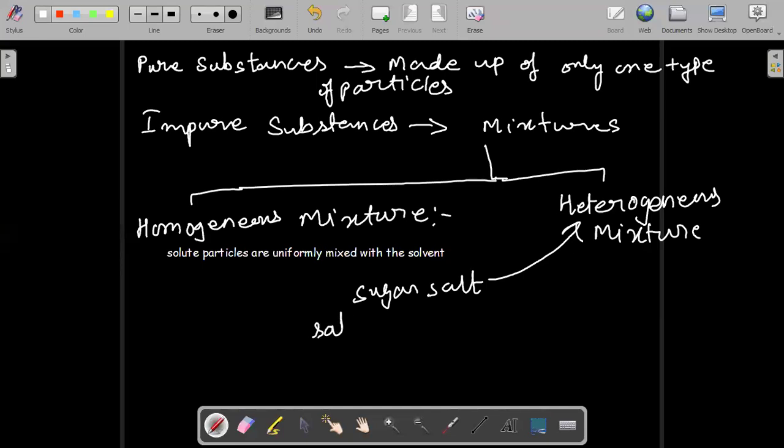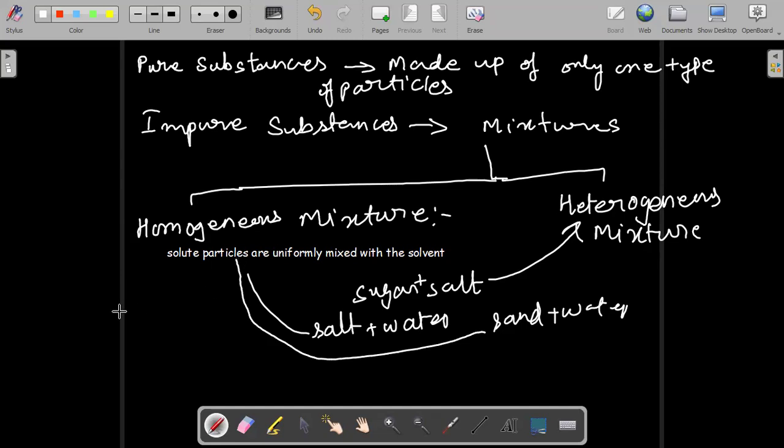What about salt and water? Homogeneous. Okay. Sand and water? Heterogeneous. A soap solution?